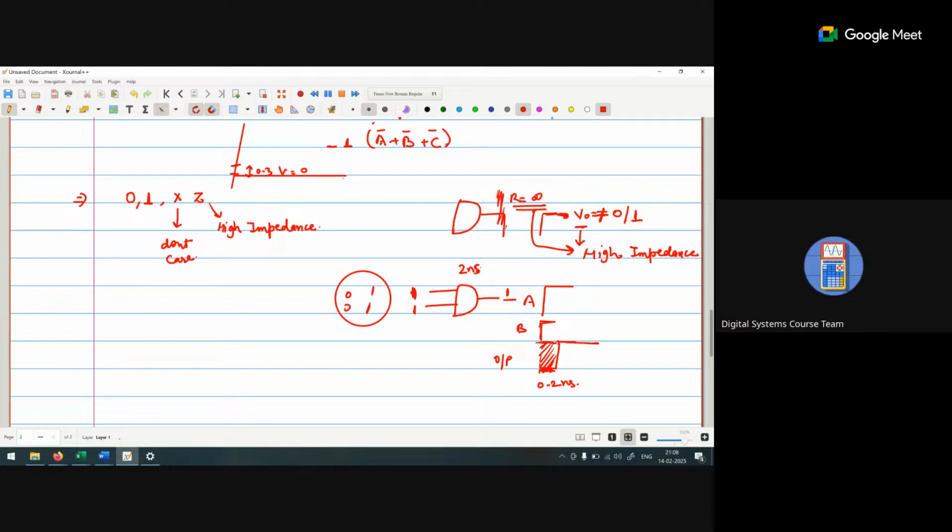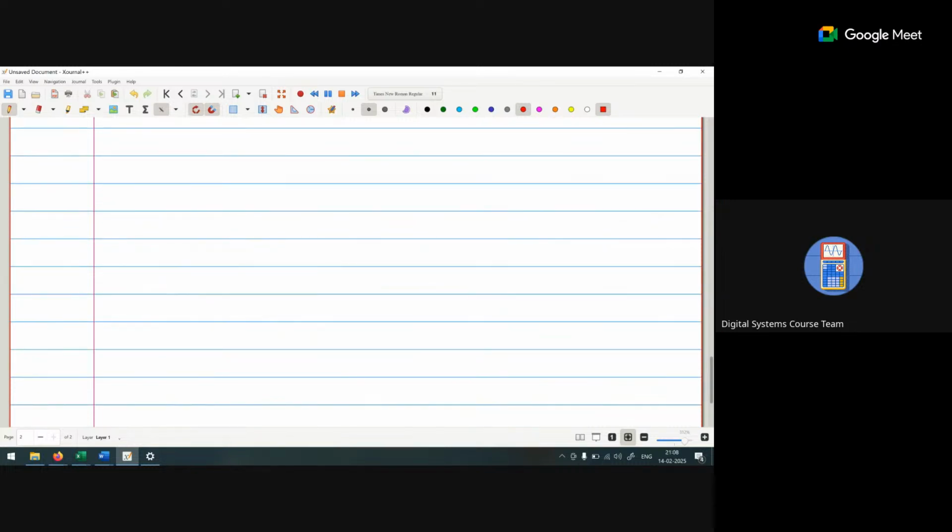So there are 4 possible logic values: 0, 1, don't care, and high impedance. Now, when we use the don't care condition, I already told you it may be 0 or it may be 1.